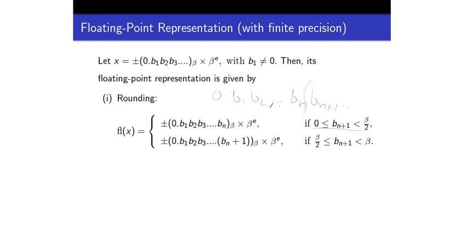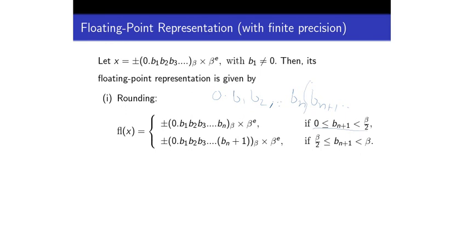However, if bn plus 1 is greater than or equal to beta by 2, and of course less than beta, because the bi's are between 0 and beta minus 1, then you add one more unit to bn. So instead of bn, you replace it by bn plus 1.